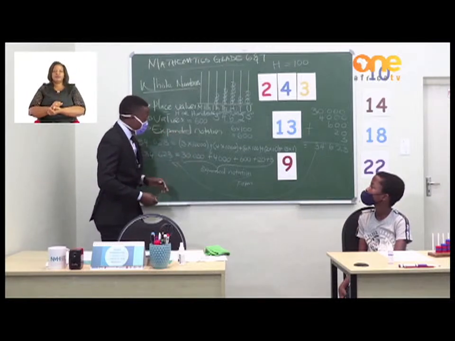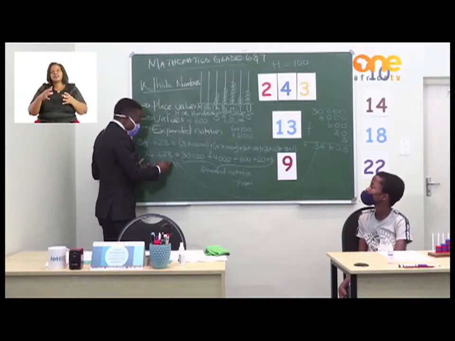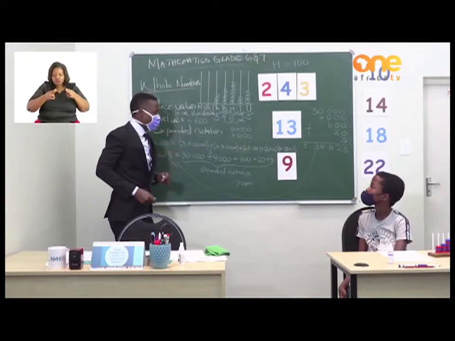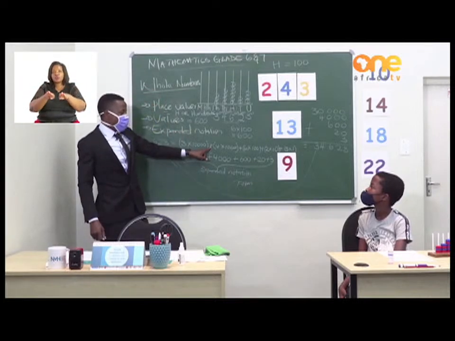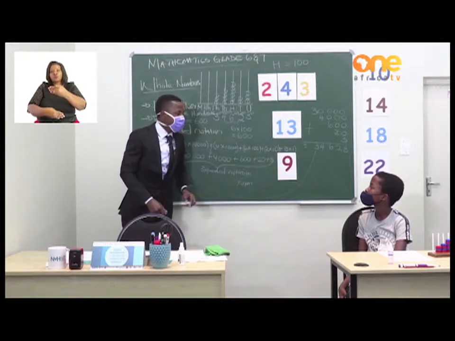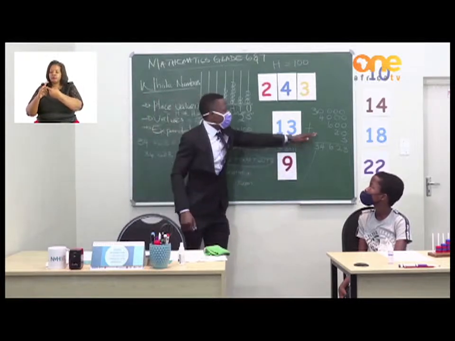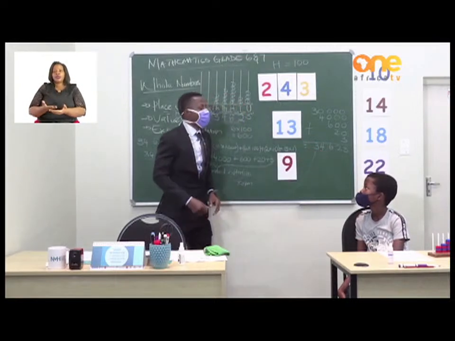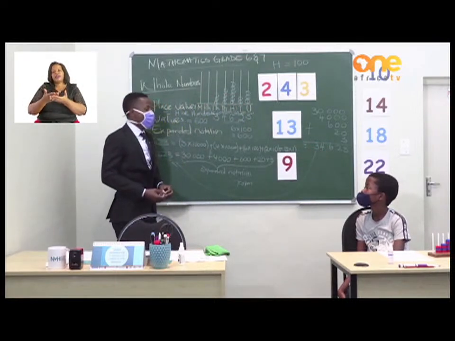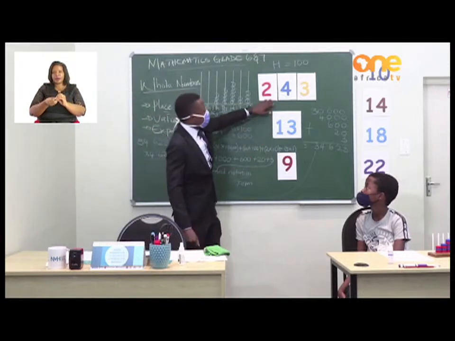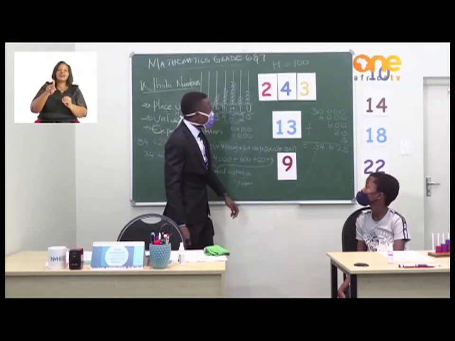Expanded notation: you take a number and make it large in such a way that we have addition in the middle. That will also prove to you that you can still come back to the same number. You can also try this number here.